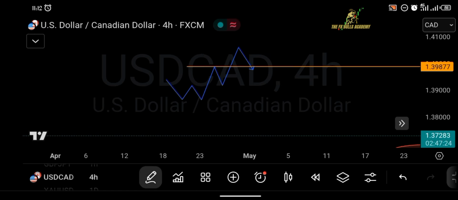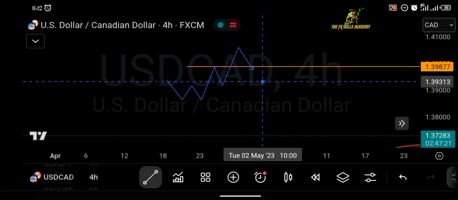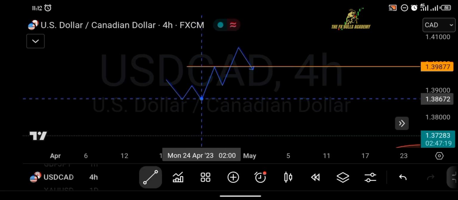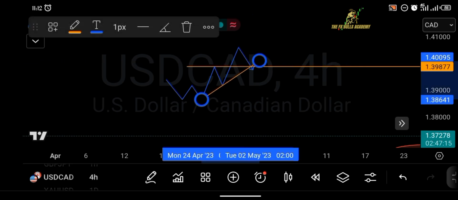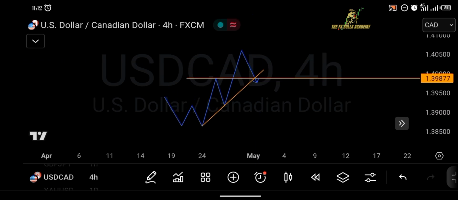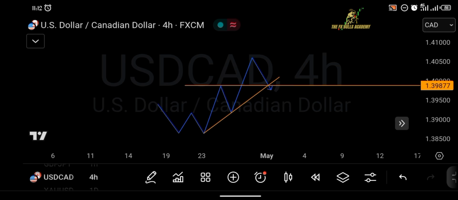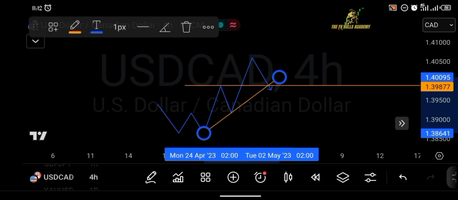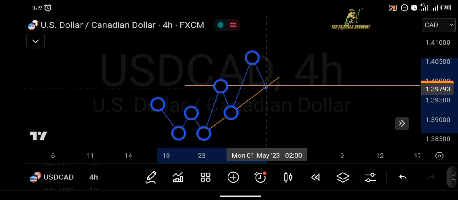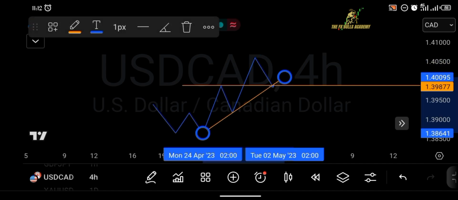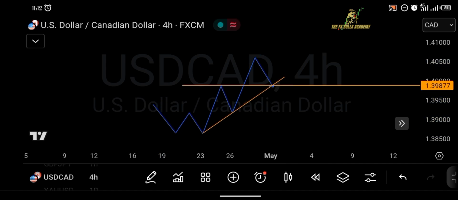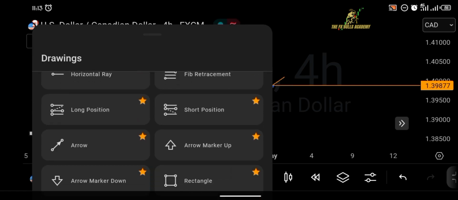So what you do is connect those together with a trend line. And boom. This is a confluence area, so you can be expecting price to push back up from this trend line support.